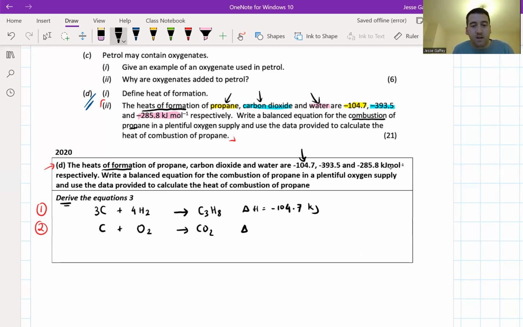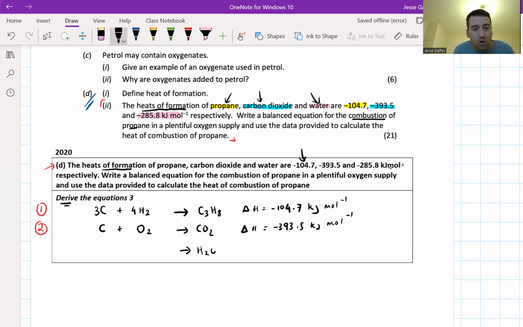So that gives me delta H equals, where are we at? It's minus 393.5 kilojoules per mole. Yeah, sorry, that should be kilojoules mole minus 1. Okay, and then last of all, the third one should be we're forming water.